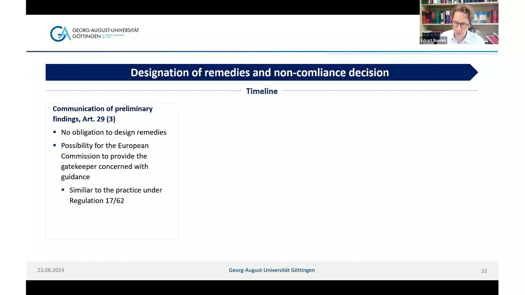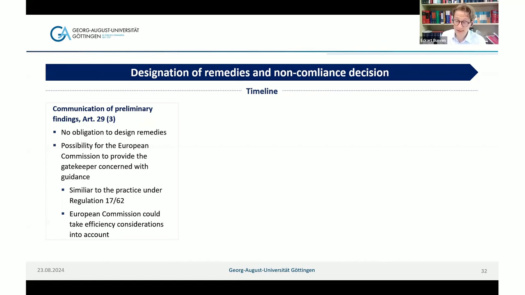If the European Commission uses the opportunity to provide guidance to the gatekeeper, it must, of course, take fundamental rights into account. Therefore, it has to take the principle of proportionality into account, and it must not interfere with efficiencies more than necessary. So it must take efficiency considerations into account insofar as this can be done while respecting the obligations of the DMA.